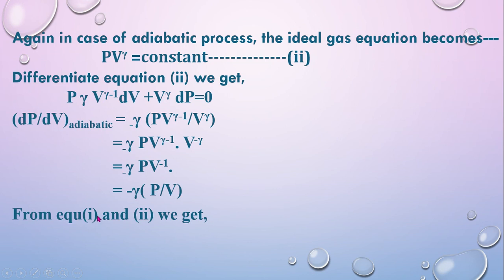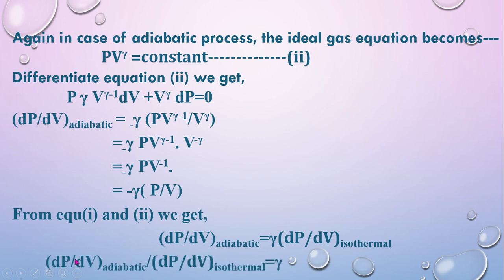So from equations 1 and 2, in the isothermal process we got dP/dV = -P/V, and here dP/dV = -γ P/V. So we can write dP/dV for adiabatic equal to γ times dP/dV of isothermal, because -P/V equals dP/dV of isothermal.